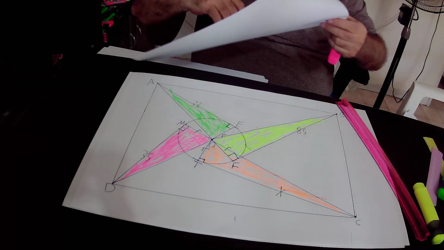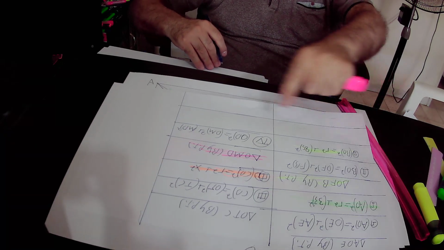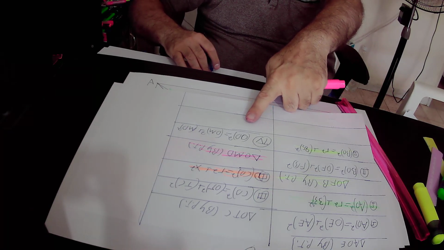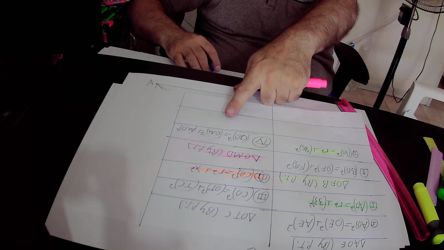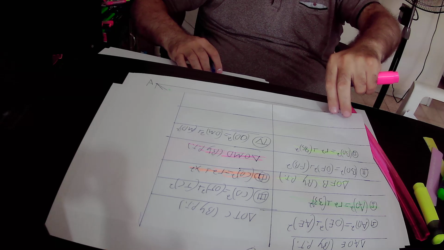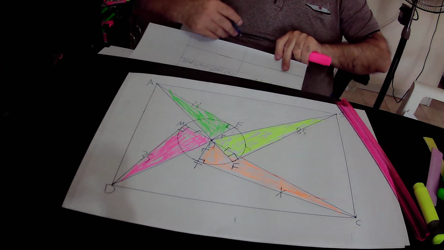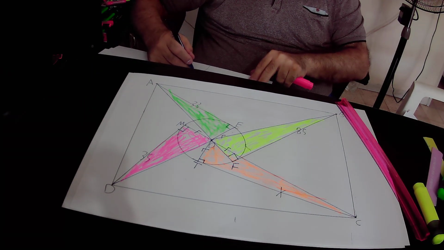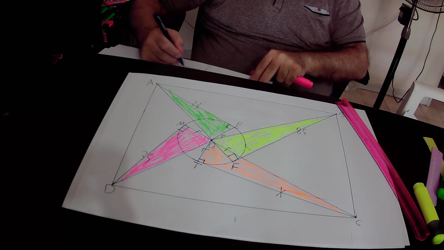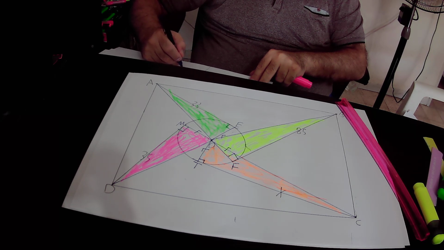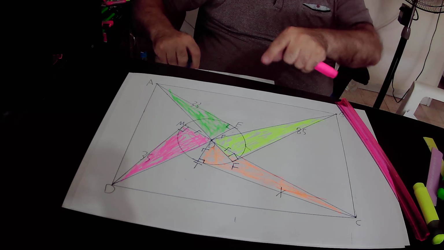Repeat again. In the pink triangle OMD, according to the Pythagoras theorem, OD squared equals OM squared plus MD squared. So DO squared equals OM squared.